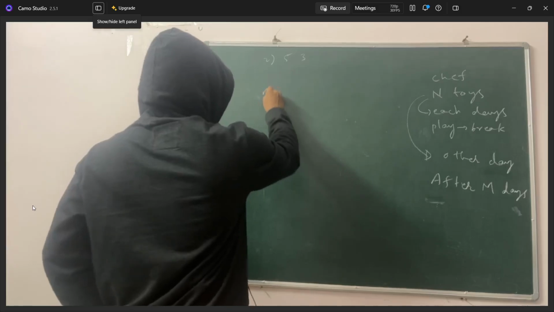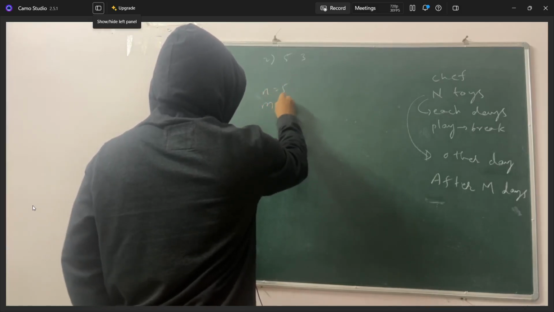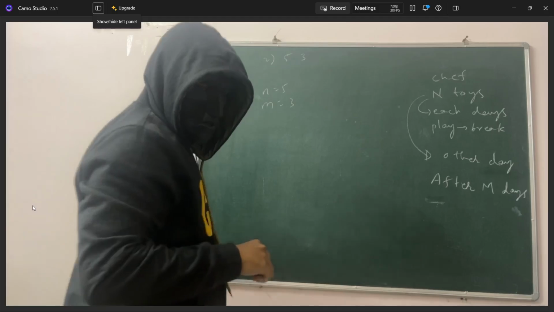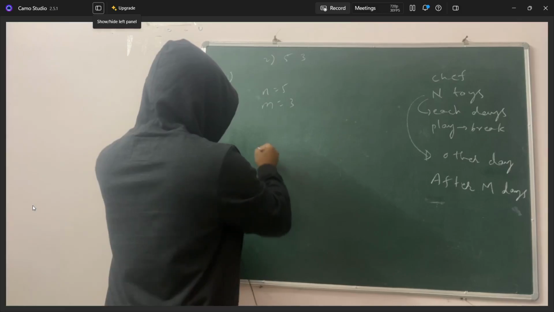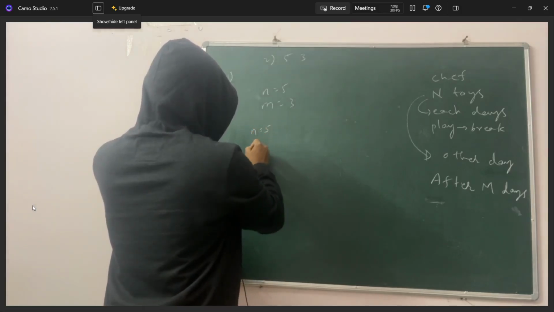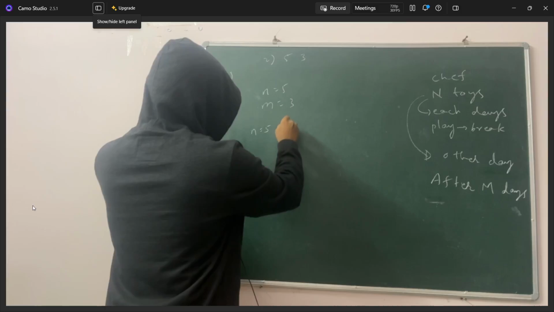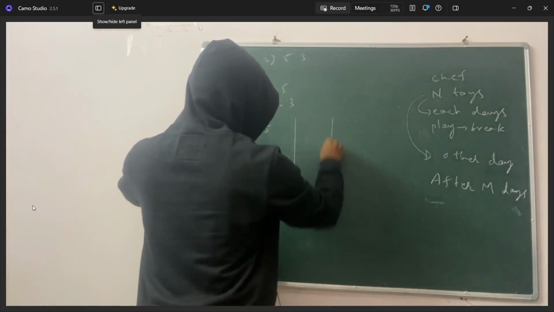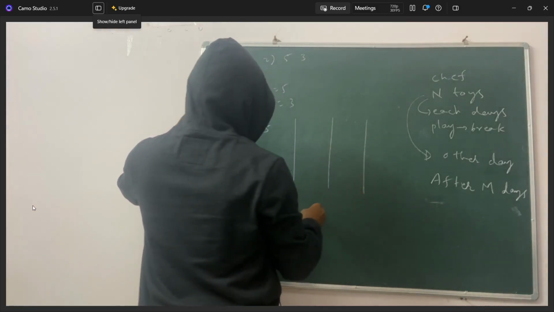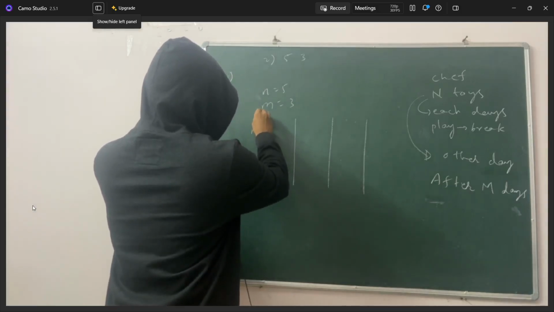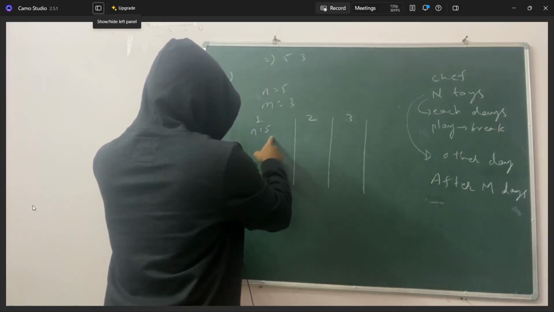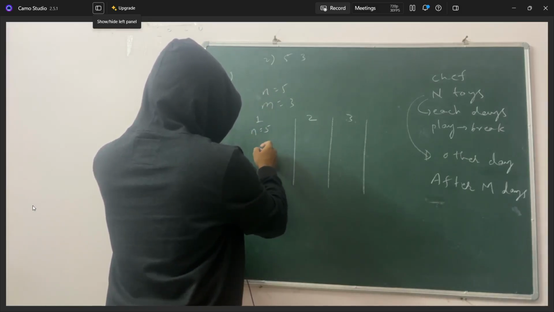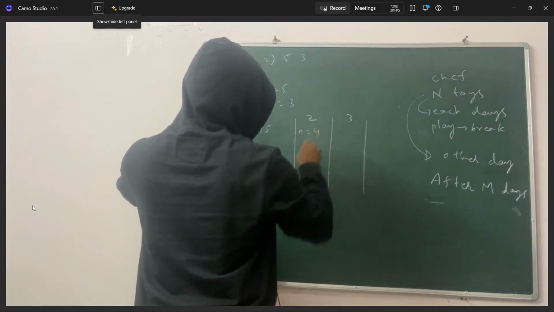So n is 5, the number of days is 3. What they're asking is: Chef has 5 toys initially, and then we have 3 days. Let me put it this way: this is day 1, this is day 2, and this is day 3. On day 1 he has 5 toys, so he'll play with one toy and be left with 4 toys.